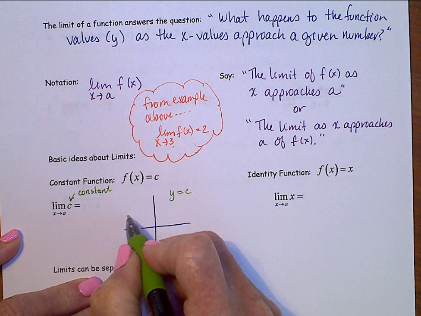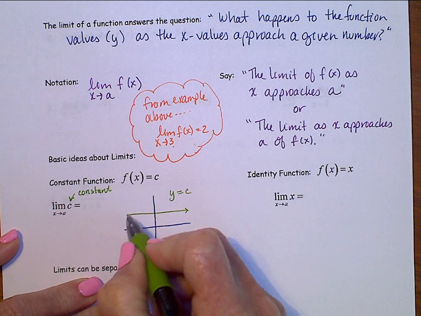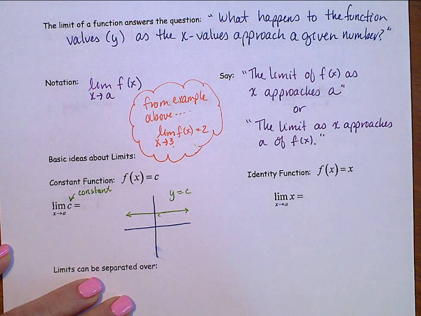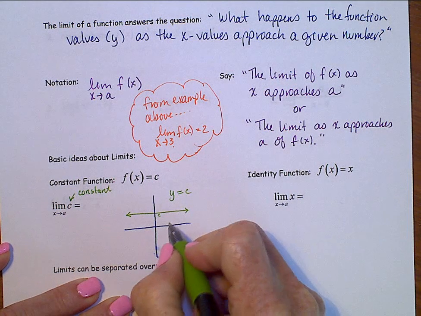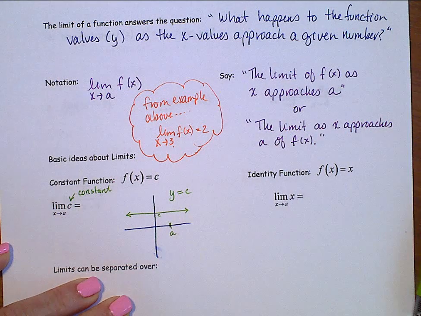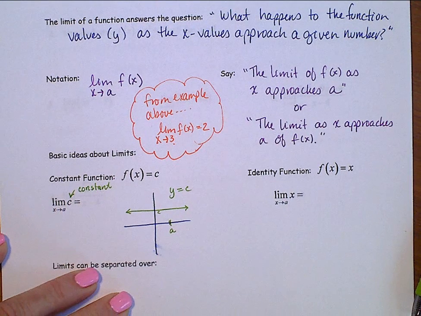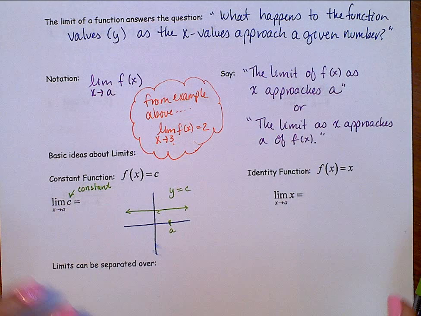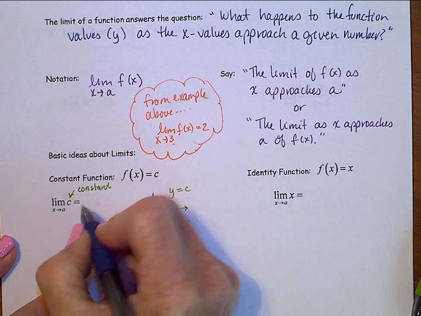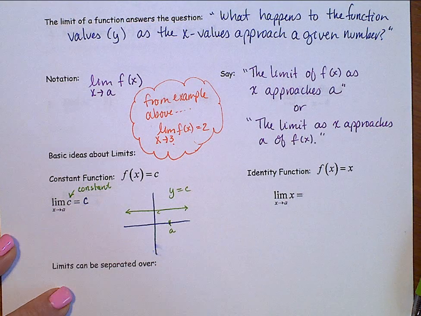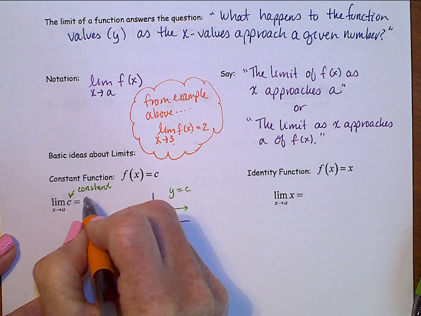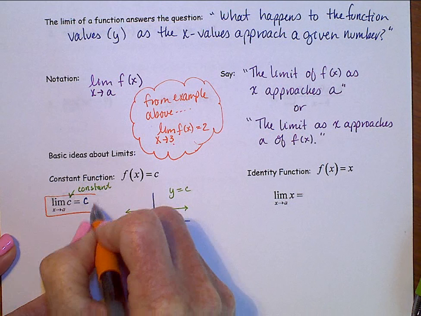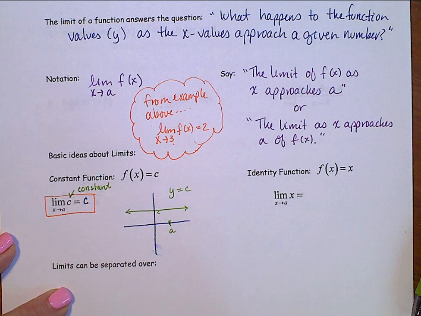It's a horizontal line at some height of c. As x approaches some number a, what are the y values doing? Those y values are staying at that constant. So we have this: the limit as x approaches a of a constant is that constant.